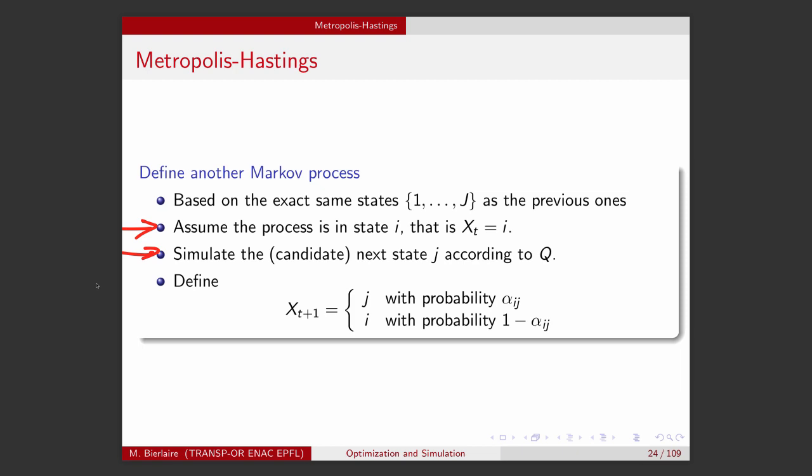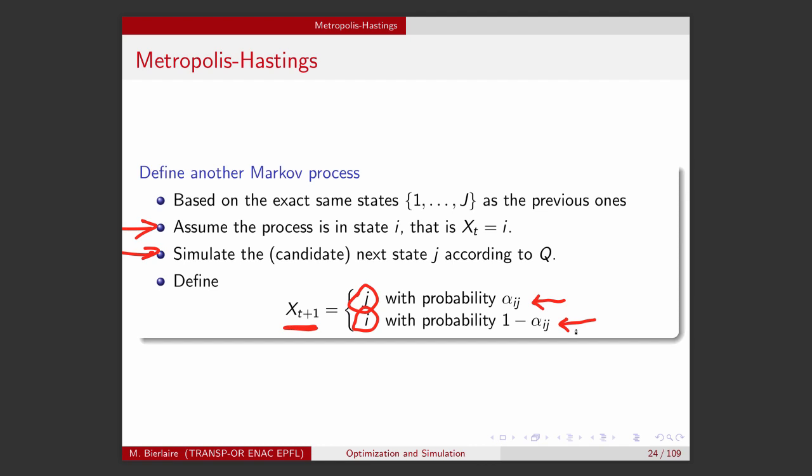The next state of my new Markov process will be J, which is the proposed state by the first process, with some probability, and I will denote this probability alpha ij. So alpha ij is the probability to accept the candidate. And if the candidate is not accepted, I stay at I, which is the current state. And so this is with probability 1 minus alpha ij.